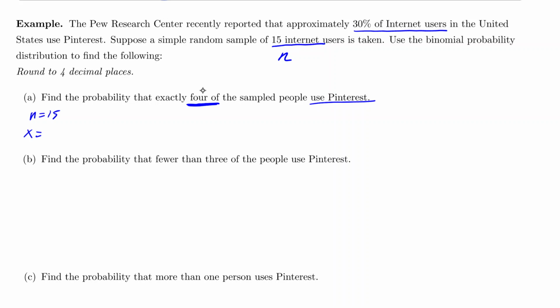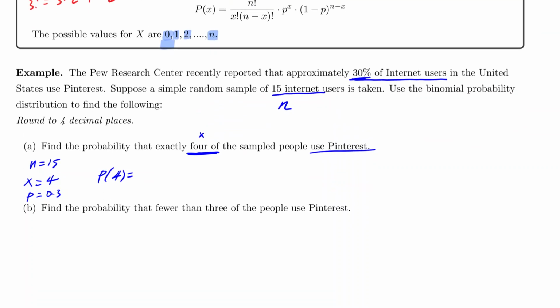X is 4, the specific value we want to find the probability for. P, the probability of success, is 0.3, or 30%. So put that into the formula. The probability of 4 equals, I'm just using this formula right here. Let me highlight it, this right here, the top.